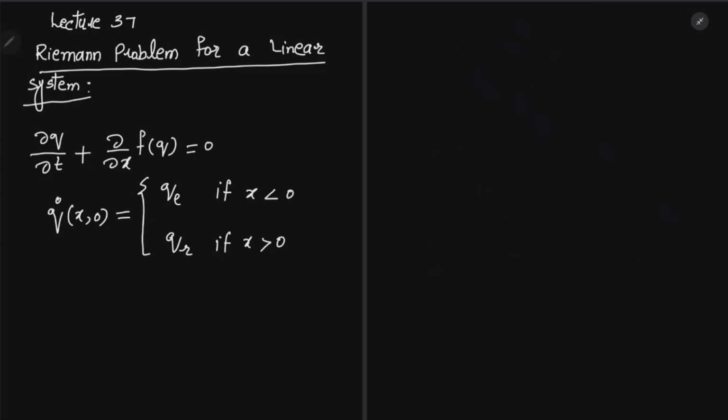Now the question is, how can we write a solution of this system of equations when we have a Riemann problem? Previously we saw that if we have a problem which does not contain any discontinuous solution, we have a solution like this: q equal to the sum of w_p r_p, p equal to 1 to m.